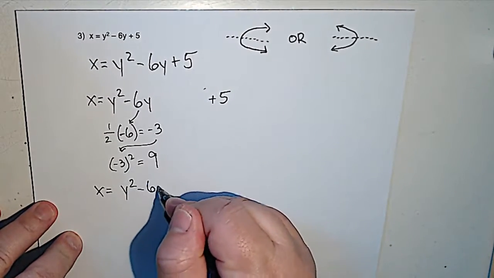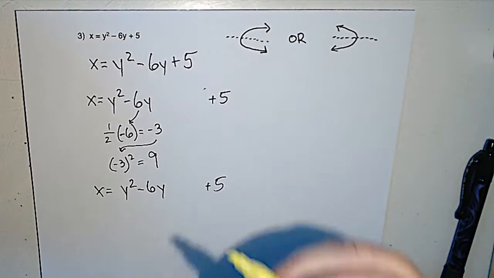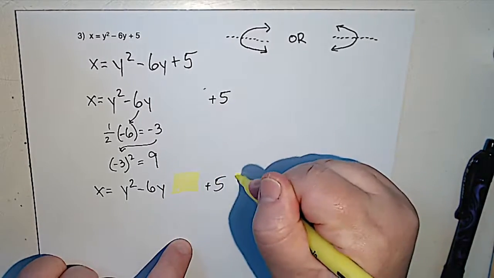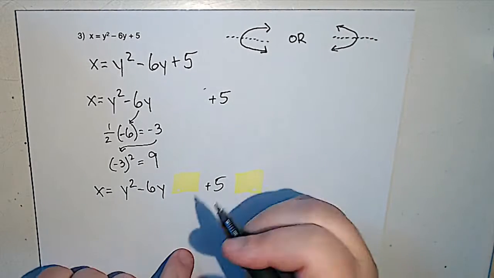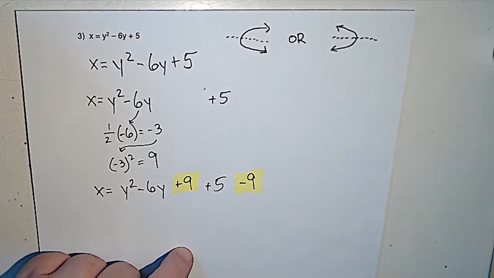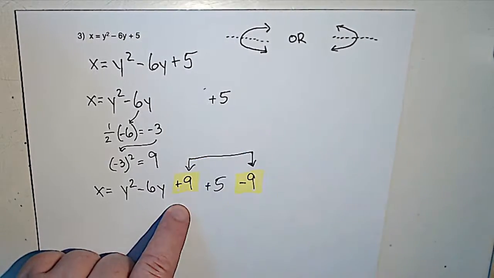Just like I did before, I'm thinking ahead. I'm using yellow before I write it in so there's less smeariness. I'm going to add in a 9, and I'm going to subtract a 9. So the total is that I didn't ultimately change the equation.